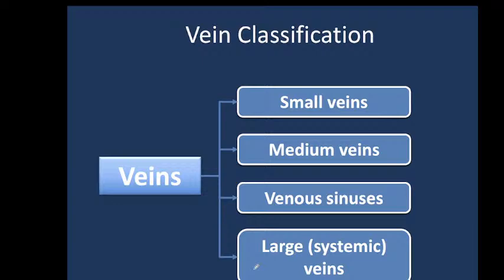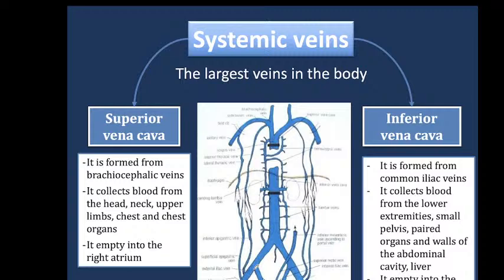There are three main venous systems in our body. Here you see systemic veins in the body. Firstly, this is the superior vena cava.